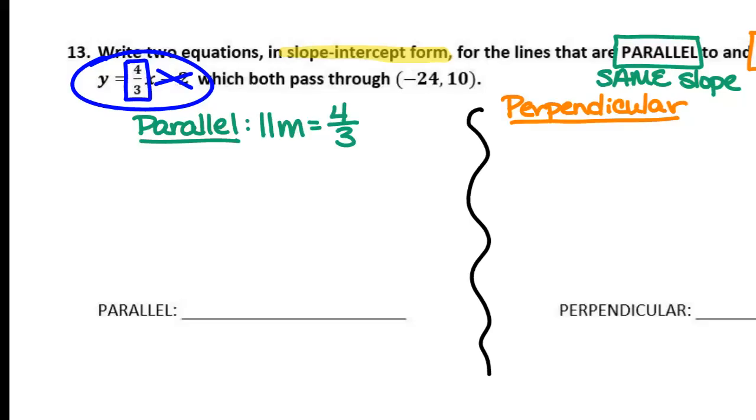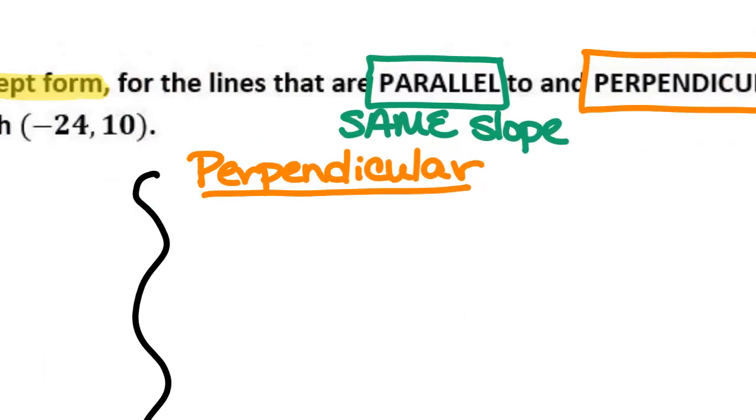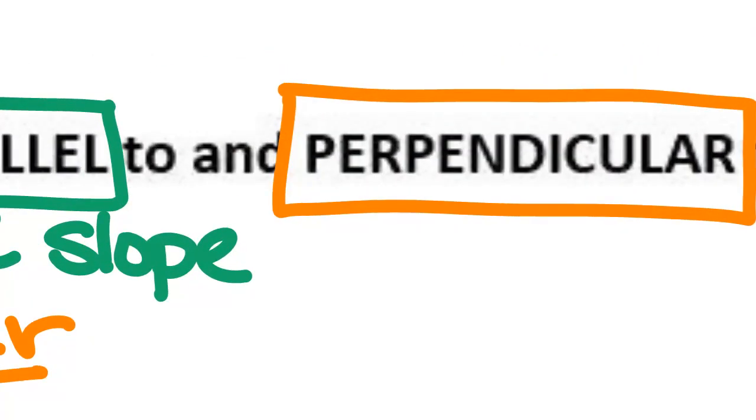What's the important thing I need to know about perpendicular? They have different slopes. Different in what way? Yes, Desire. It's reciprocal and it's flipped. That is reciprocal. There's one other thing. Yes, opposite signs.